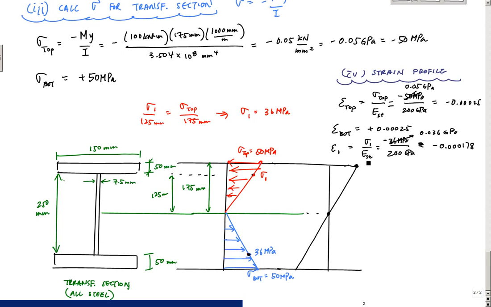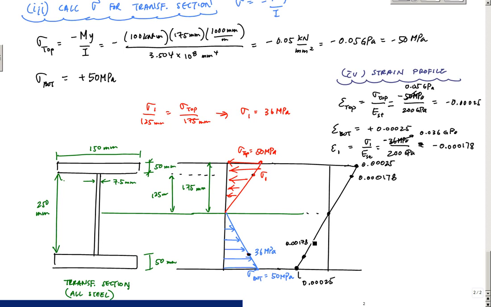Here is that 0.00025, and here's my positive, or tensile, strain of 0.00025. The strain where the material transitions is 0.000178, and I would have the same value wherever I transition, but in tension, this would be 0.000178 strain.